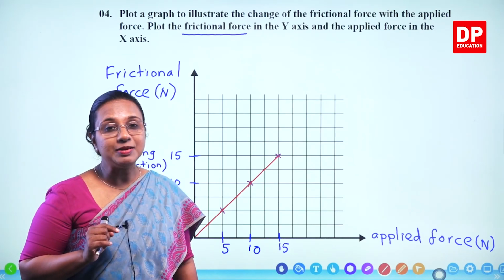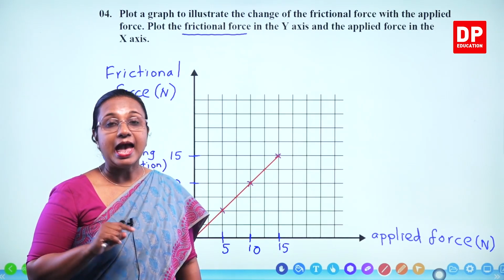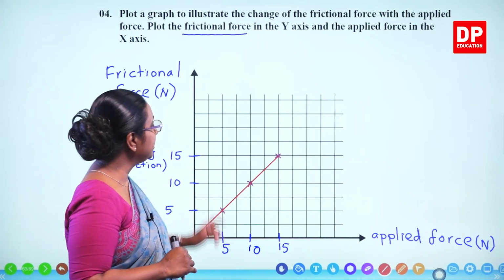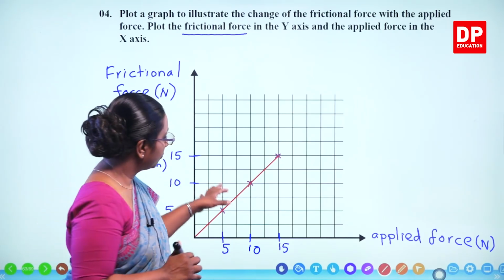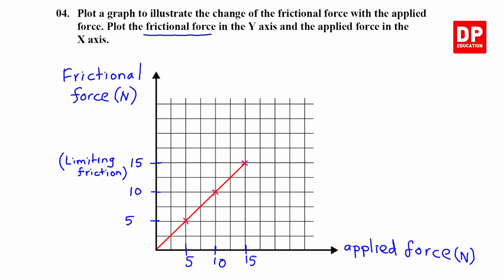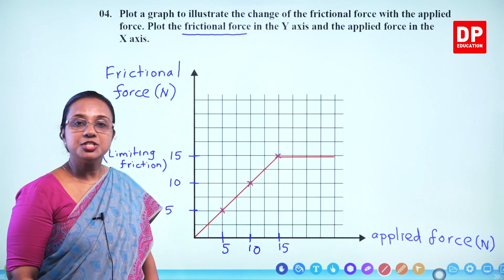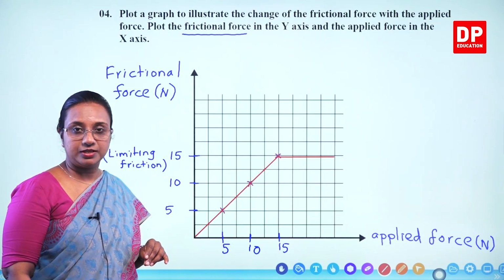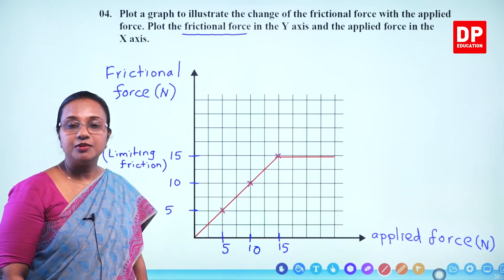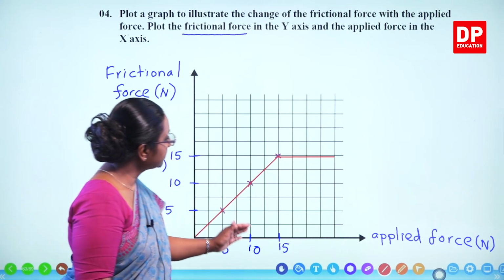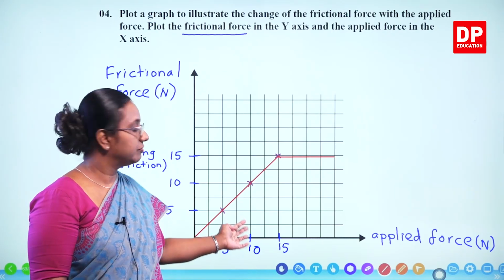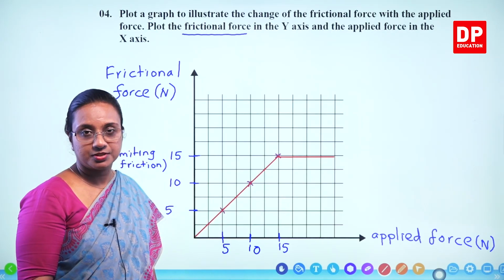There is dynamic force acting on it, and the dynamic friction is slightly less than the limiting frictional force. So when the object is moving with a higher force, you will see that the frictional force is slightly less than this 15 Newton, which is the limiting frictional force. So this is how you are supposed to plot the frictional force versus the applied force.